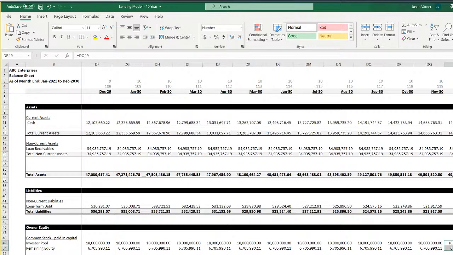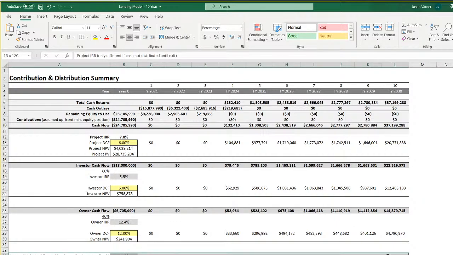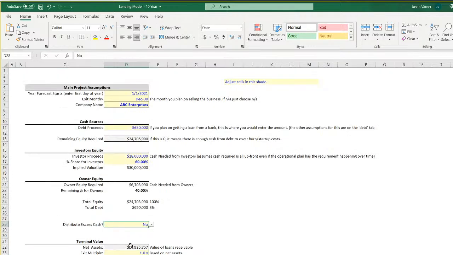What this means is you can see the difference in the project if you distribute all available cash flows that are above the net capital usage, I guess you could say, versus collecting it all at the end. What's the difference in the rate of return? It's using the same numbers, but this down here shows what happens if cash is not distributed till the very end.